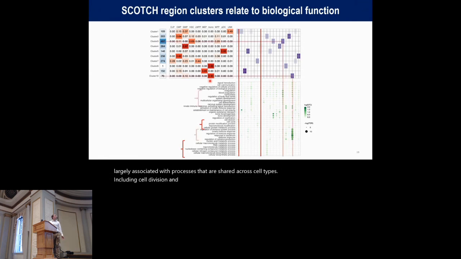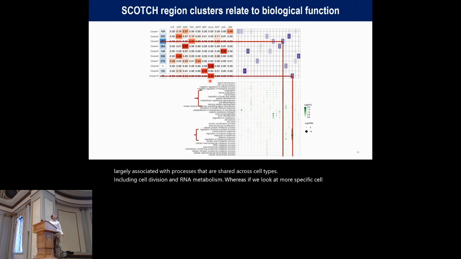Whereas if we look at more specific cell types, such as our monocytes or the differentiation tree that is associated with the HSCs, we can see more specific terms related to each of these cells' biological processes, including cell differentiation, the regulation of the immune response, and some innate immune response capabilities.